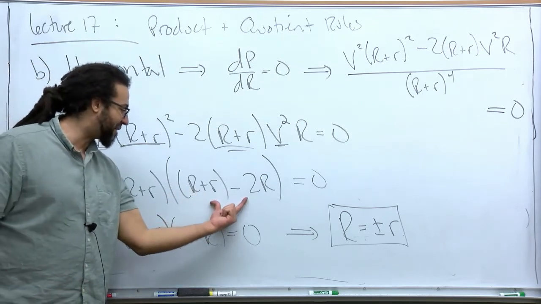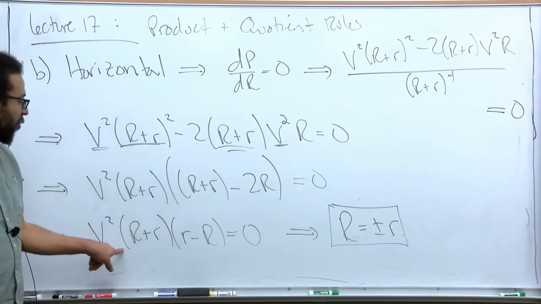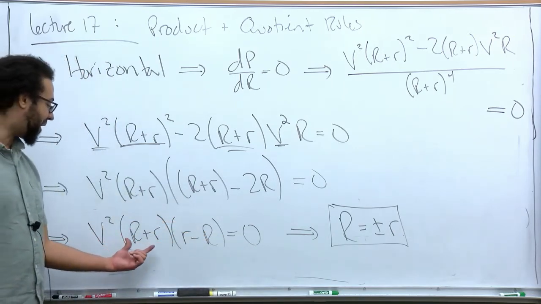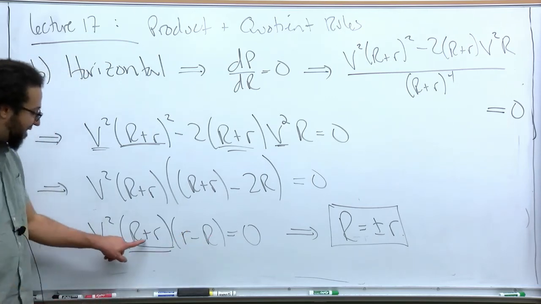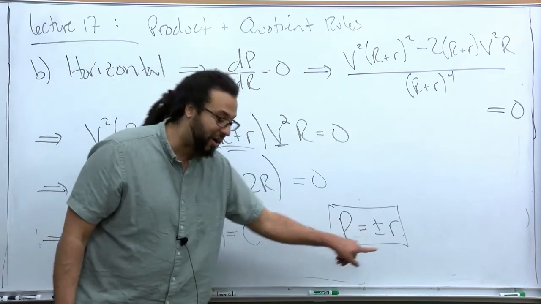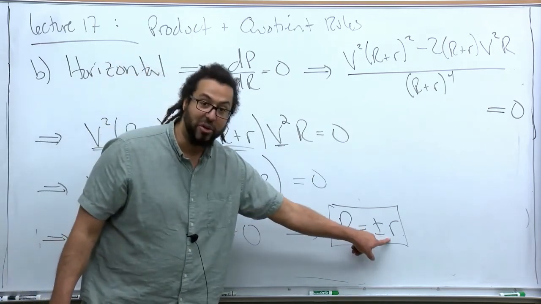This thing in the parentheses can be reduced to little r minus big R. So when is this product equal to 0? It's 0 when one of the pieces is equal to 0. So this thing is 0 exactly when big R is equal to negative little r, and this thing is 0 exactly when big R is equal to little r.